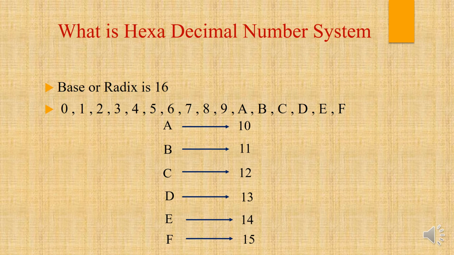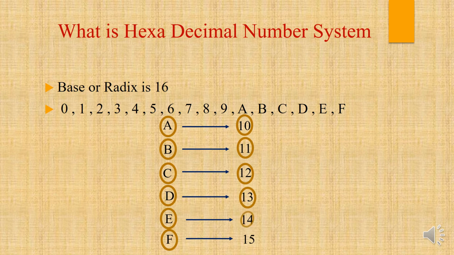So here we can see that the alphabets A, B, C, D, E and F are single-digit representations of the decimal values 10, 11, 12, 13, 14 and 15 respectively.